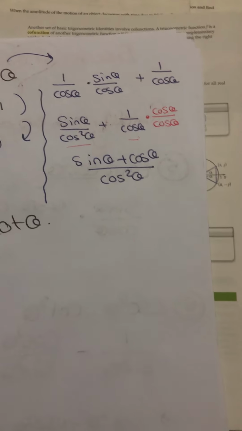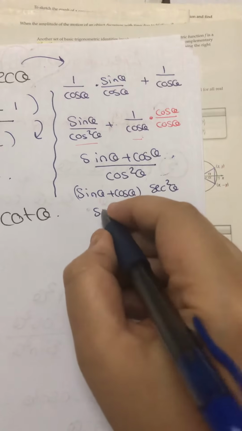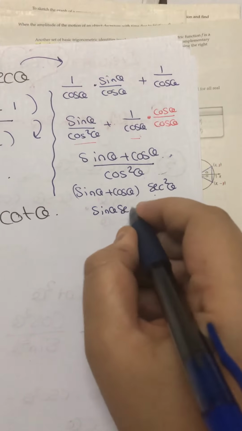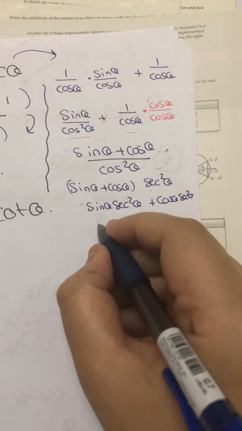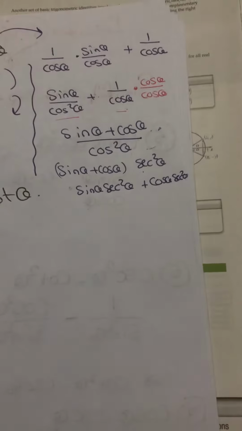So now if I start distributing, I will have sine theta sec squared theta plus cosine theta sec squared theta. Okay, and then where am I going? Nowhere. Sine is 1 over cosec. See, I'm not reaching anything.